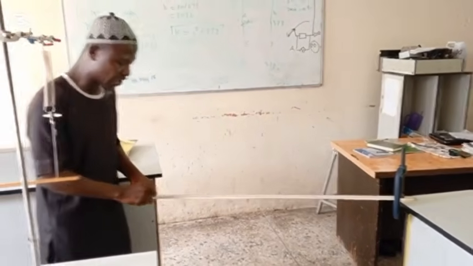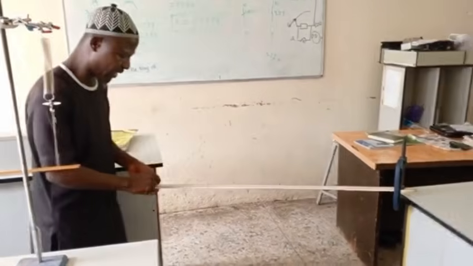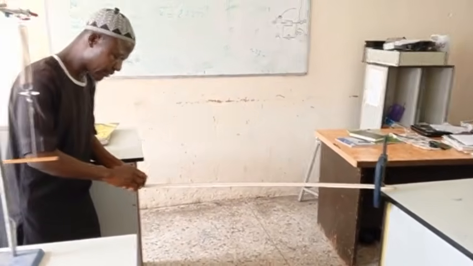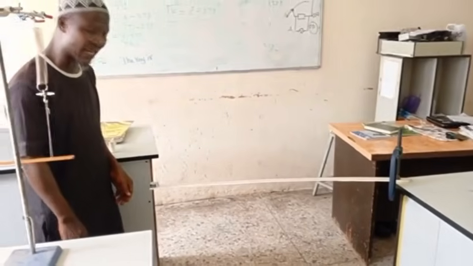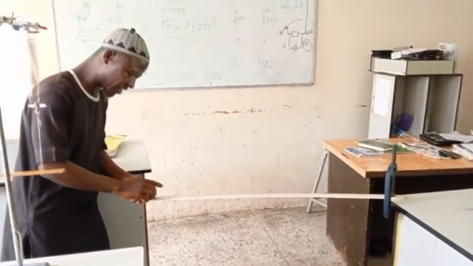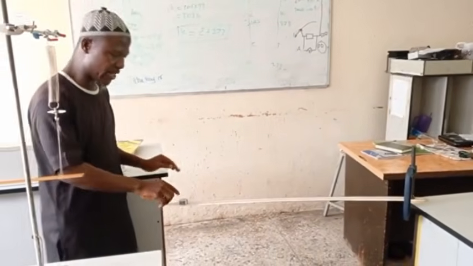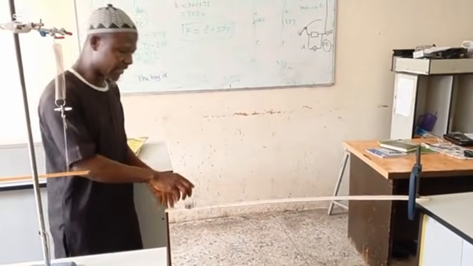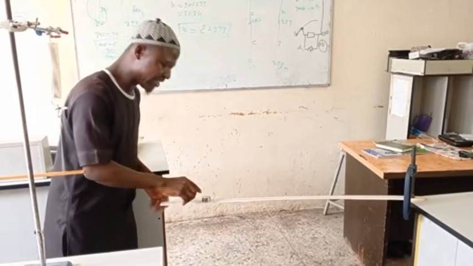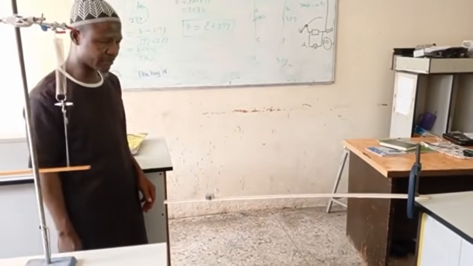Sometimes they may ask you to be varying the length of this. Place it here. Then displace it and count. Then adjust it. Displace it and count. Adjust it. Displace it and count.